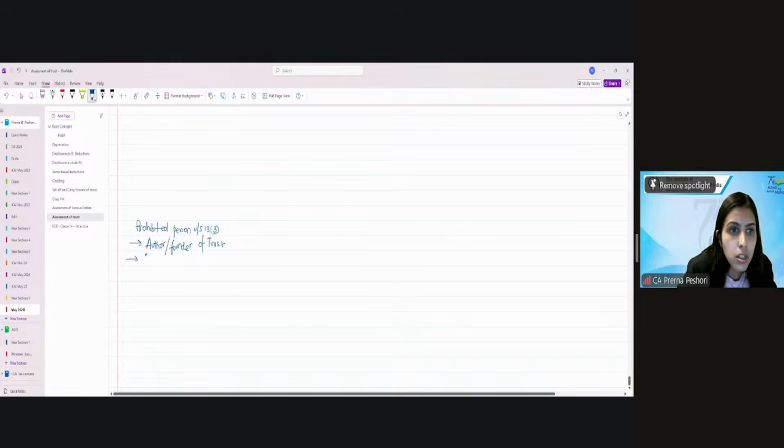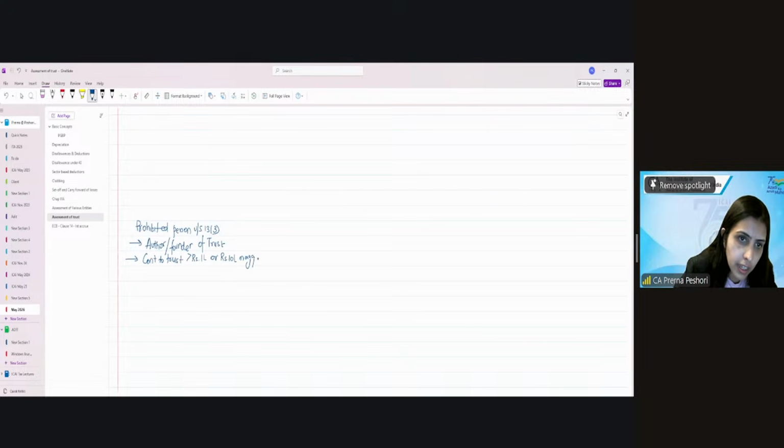So contribution to the trust exceeds rupees 1 lakh or rupees 10 lakh in aggregate. Then where the author or the founder is the HUF, then any member of the HUF. Where the founder of the trust is HUF, then members of HUF.